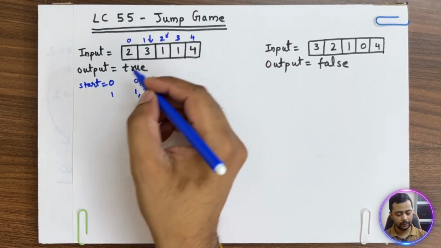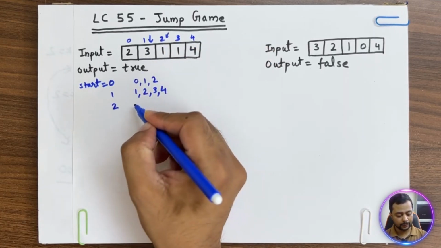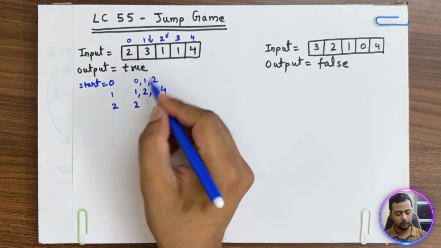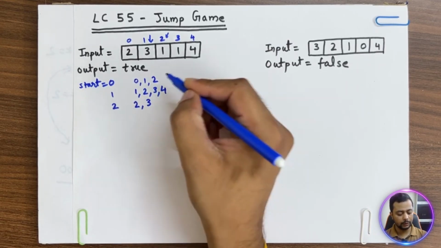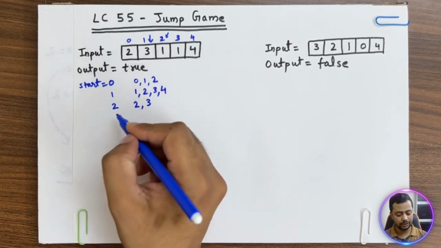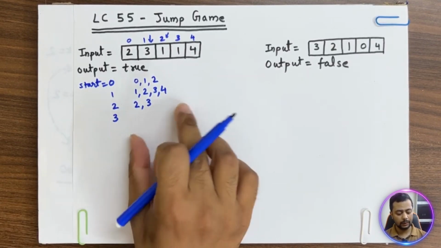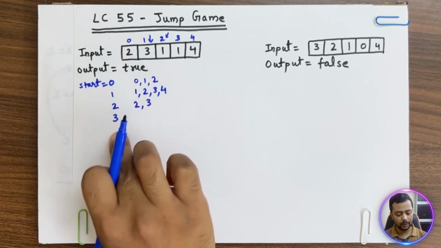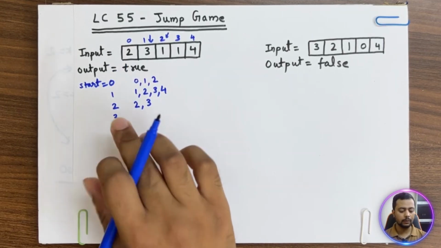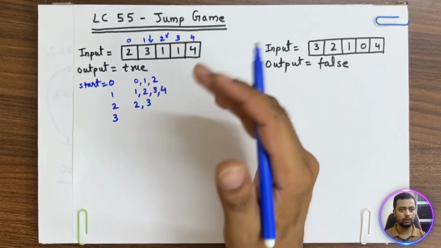Similarly for index number 2, I can reach index number 2 or 2 plus 1, which is 3. So these are the only positions which are reachable. Similarly for index number 3, these are the indices considered if I am starting from this particular position. This will all make sense, just hold on for a minute.